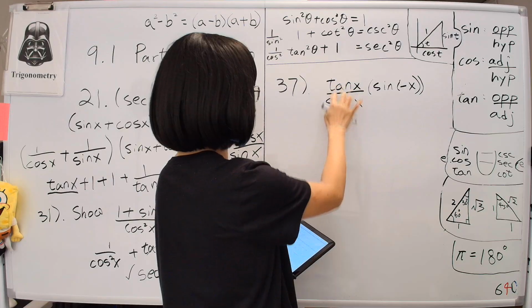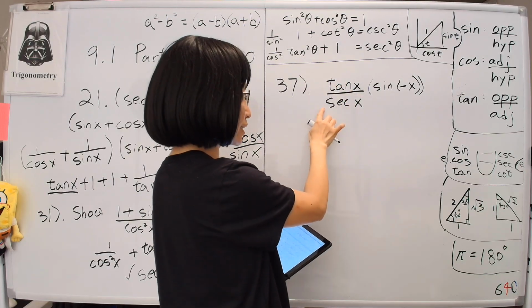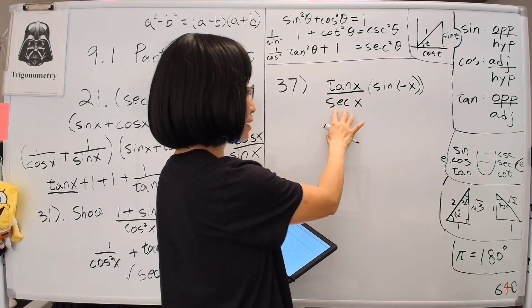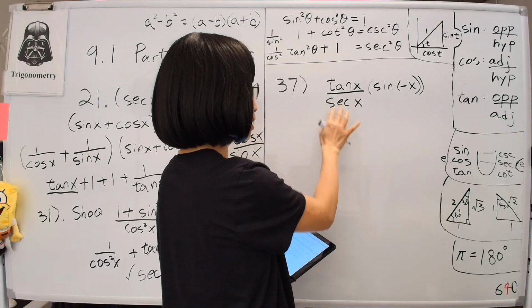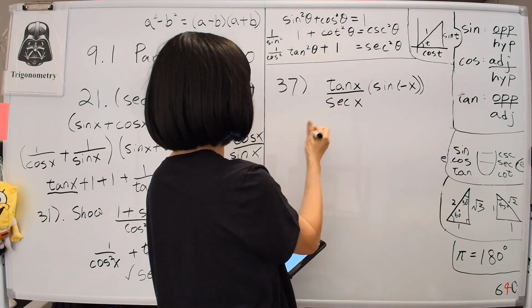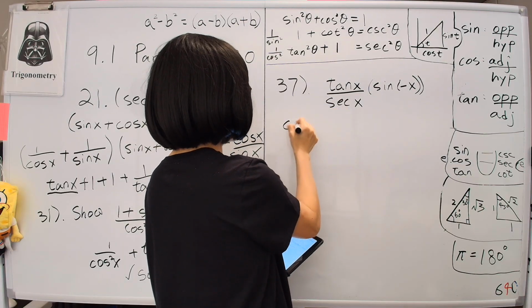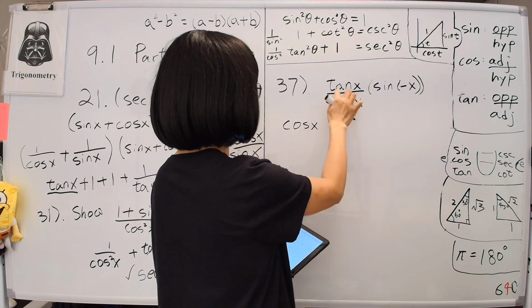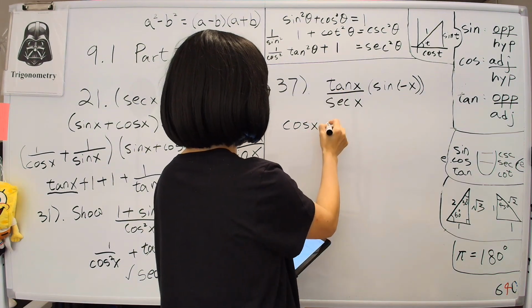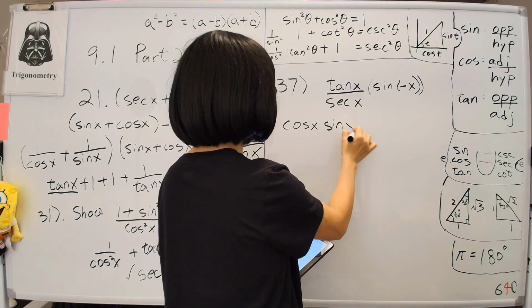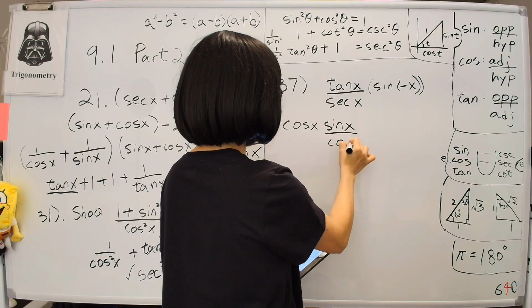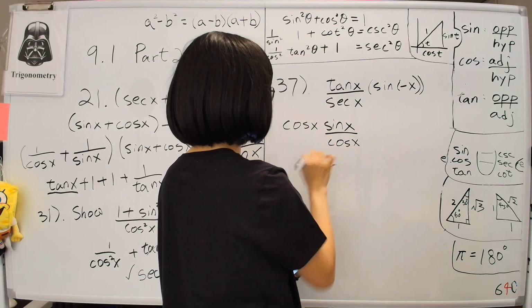So this is 1 over secant. Secant at the bottom is the same as cosine on the top. So we'll change the secant into the cosine on top, and then the tangent is equal to sine x over cosine x. So as you can see, the cosine x is going to cancel themselves out.